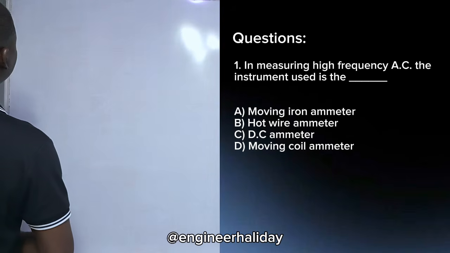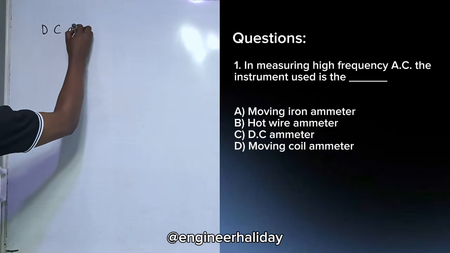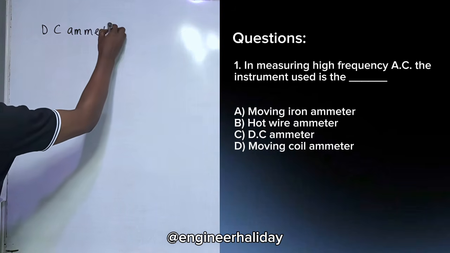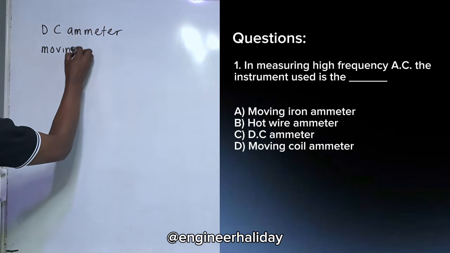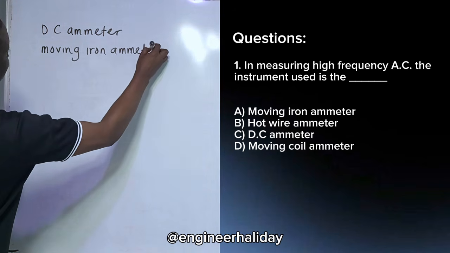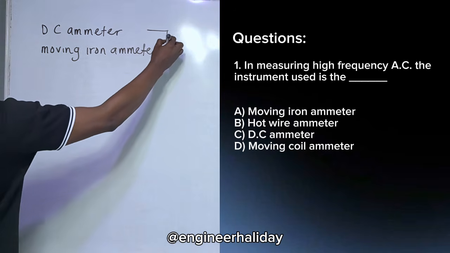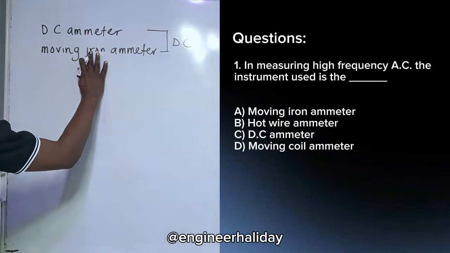Now, what we are going to consider here is the DC ammeter, and the moving coil ammeter.